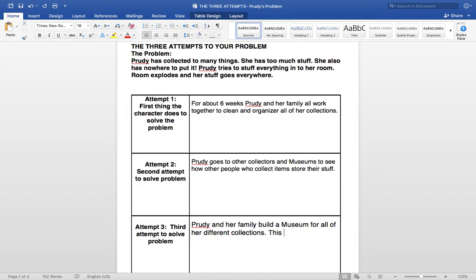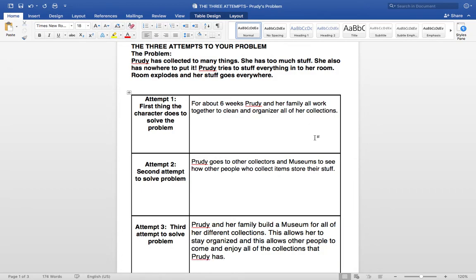And this allows her to stay organized, and this also allows other people to come and enjoy all of the collections that Prudy has.